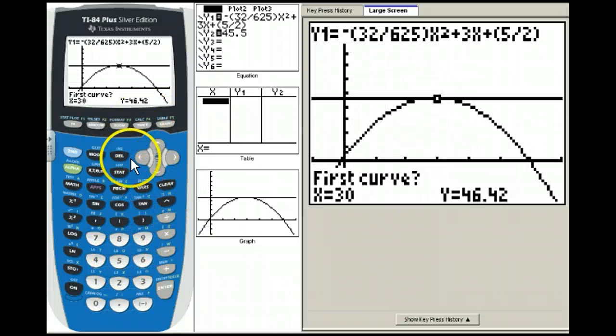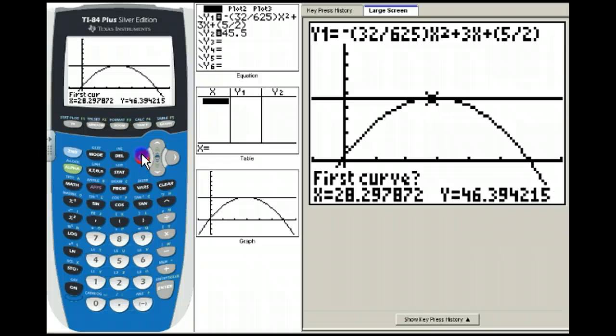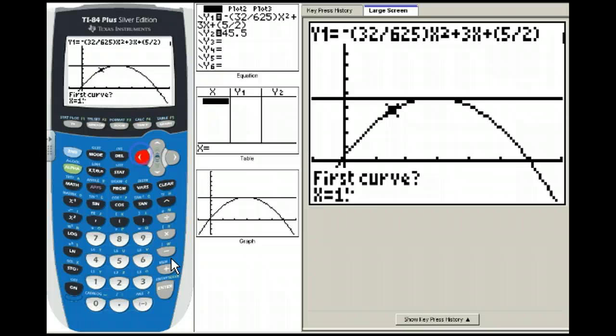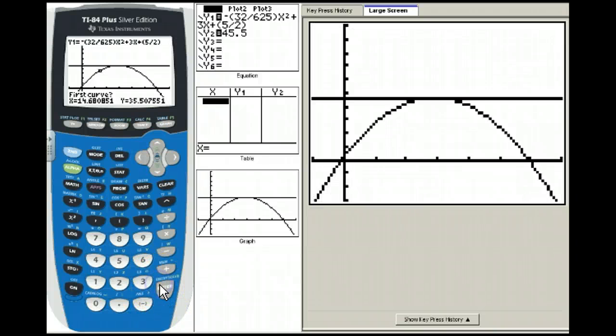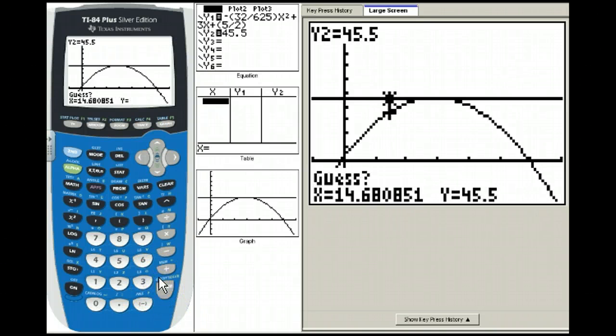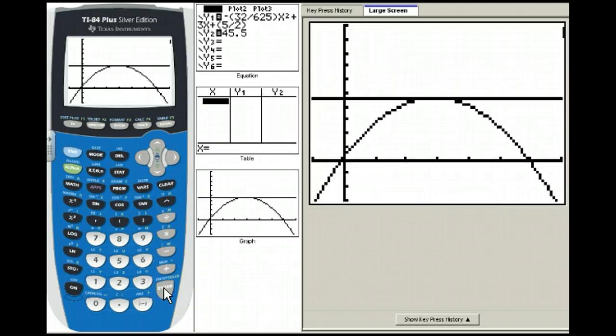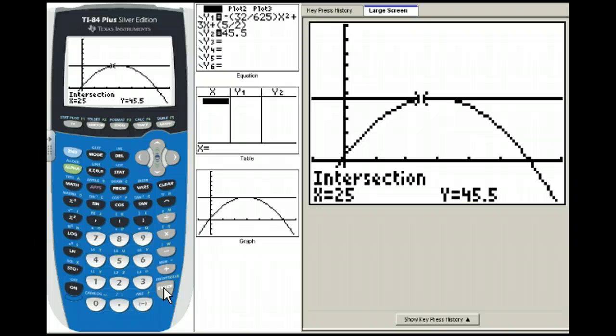All right, the first curve, that's a perfectly good first curve, the quadratic. Second curve, great. Now the guess is important because it will hit the curve twice, it looks like in this case. So I want to make sure I put the cursor over where I think it hits first. And there it tells me 25 yards down the field from where it was punted, it first hits 45.5 feet.